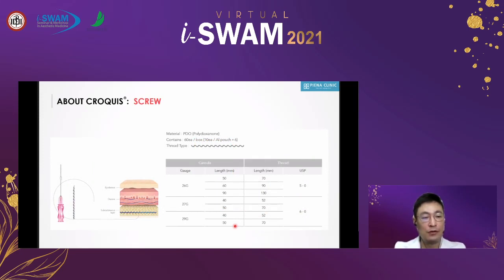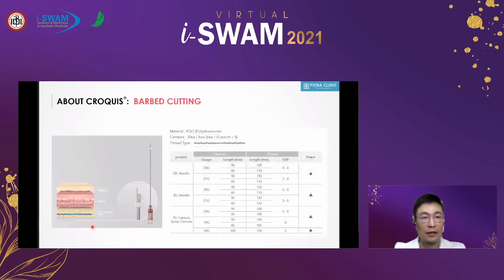Let me introduce 2 representative products of Croquis. The first one is the screw type thread. It is a coil type PDO monofilament that is mainly used for skin tightening. The other one is the barb cutting PDO thread, which is a floating type cog thread used to reposition the soft tissue.